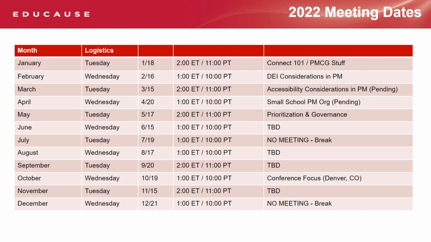We don't have an official PMO office. I often collaborate with other small schools, and I realize that we don't really have any presentations from smaller, less formal PMO offices about how they do project management. So if you happen to be from a small school and you're interested in collaborating with me and pulling together a panel discussion on PM processes at small schools, I'd love to hear from you.